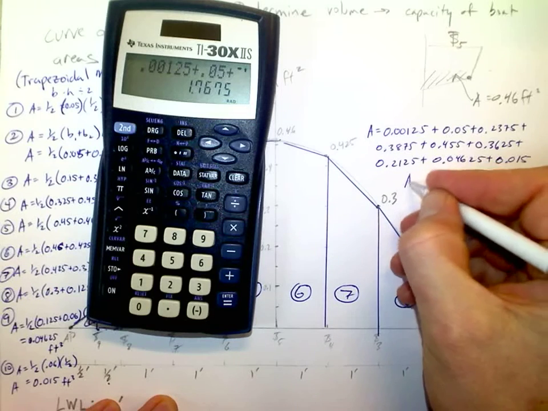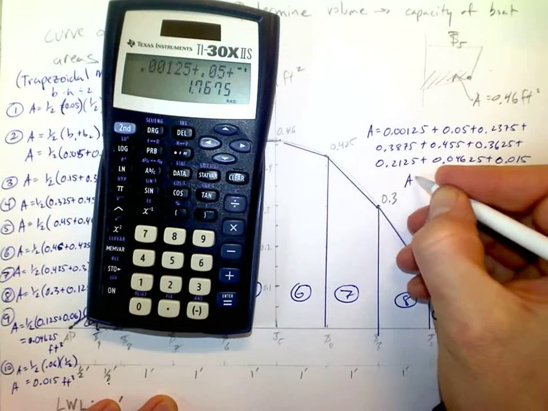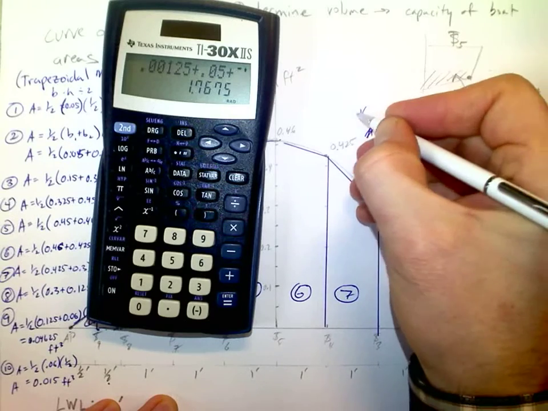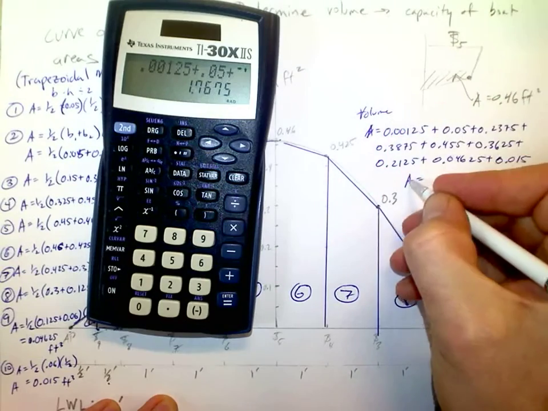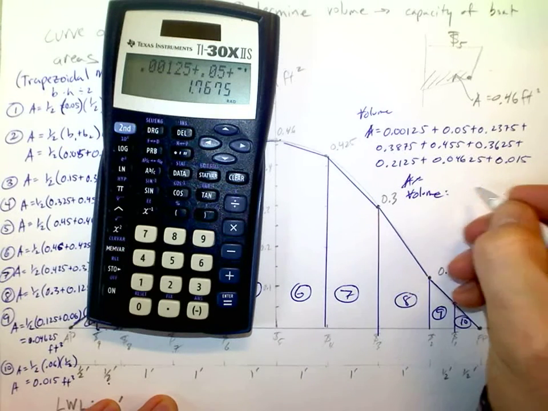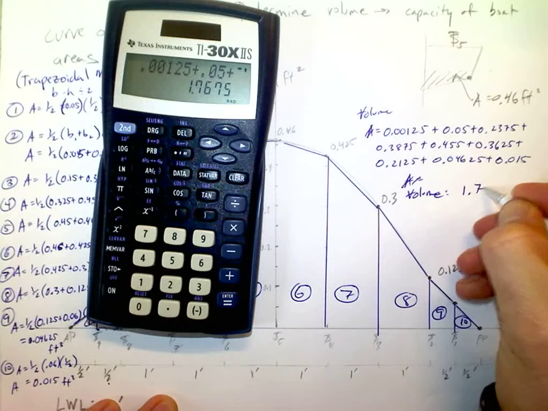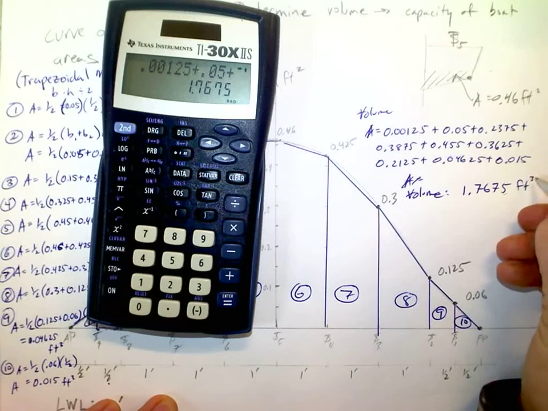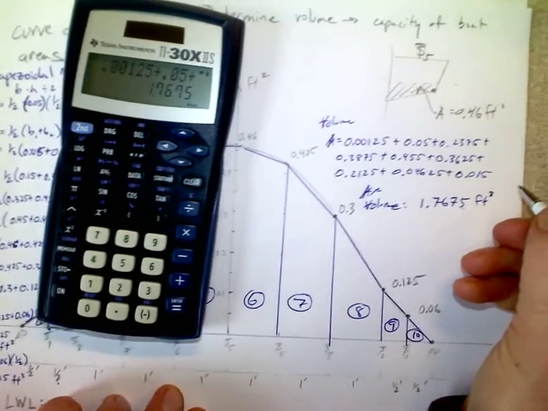And that gives me the area total. I shouldn't really write area there because this is really going to be a volume calculation. The volume is 1.7675 feet cubed in my kind of imaginary boat.